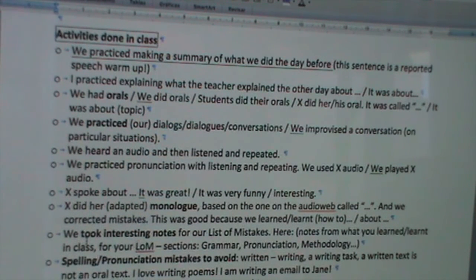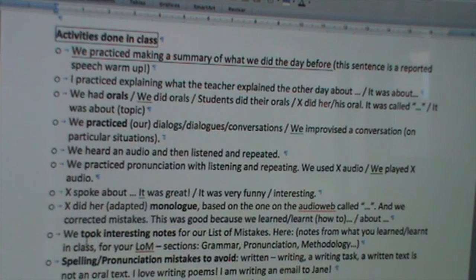Cold no es frío, frío se dice cold, cold es llamado. It was about, y dices el tema, si no te acuerdas del título, pues pones it was about, whatever, okay?